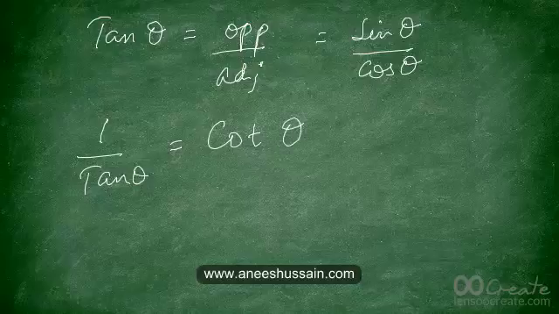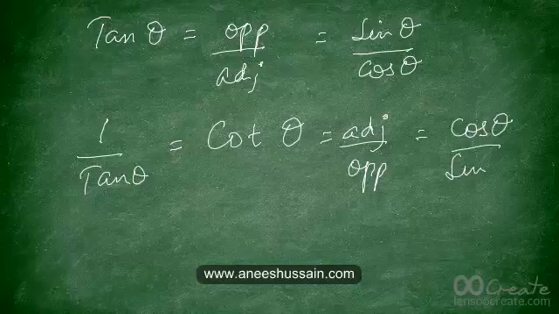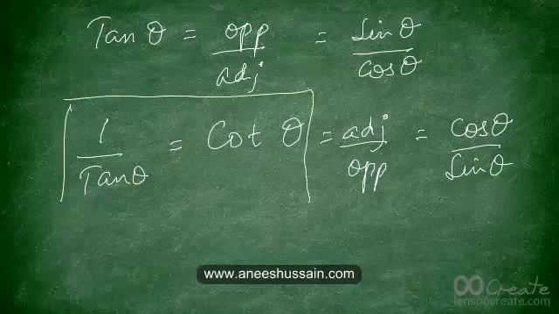So cot theta is equal to adjacent upon the opposite side, or you can write this as cos theta upon sine of theta. So 1 upon tan theta is equal to cot theta.